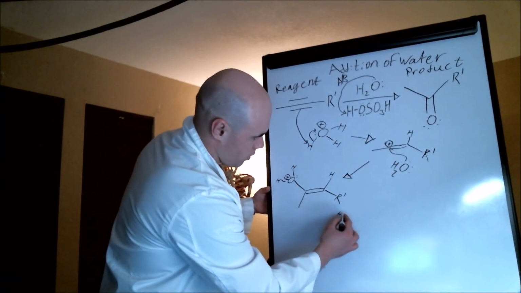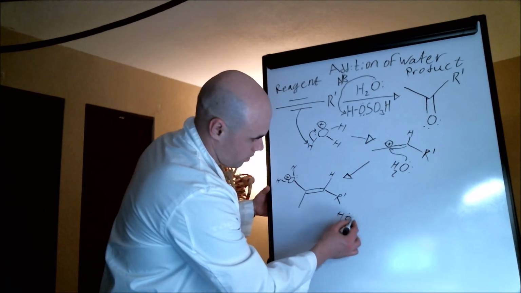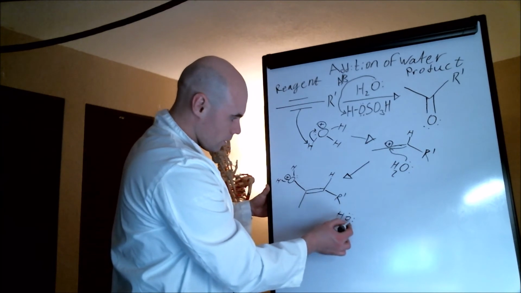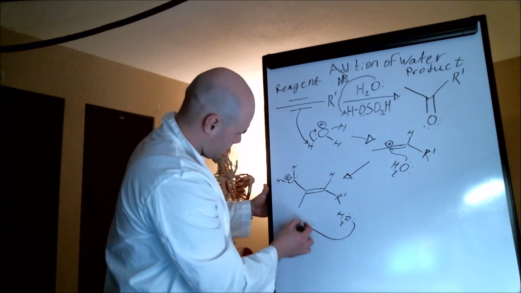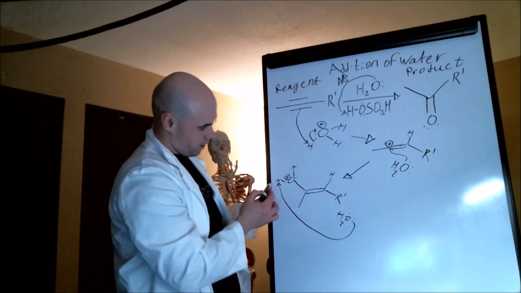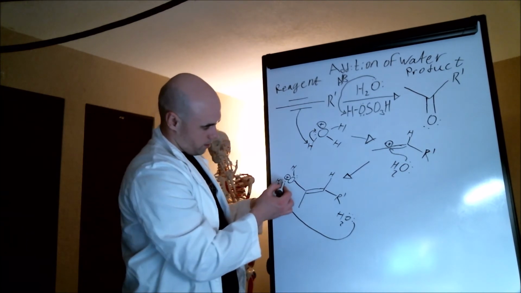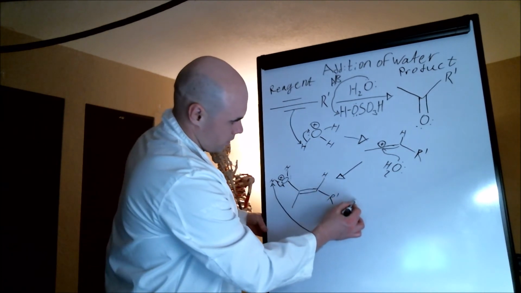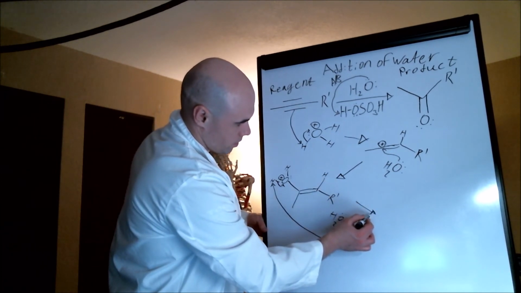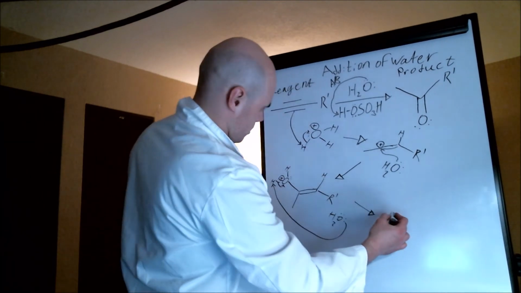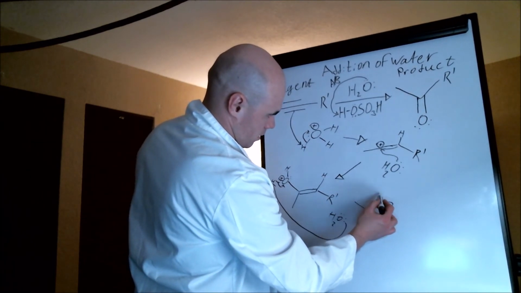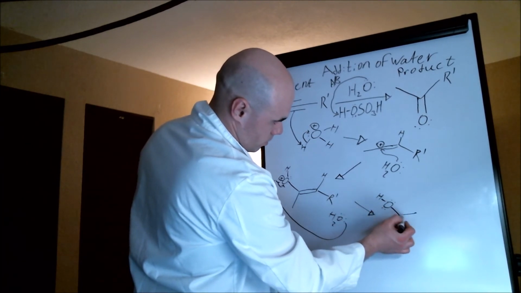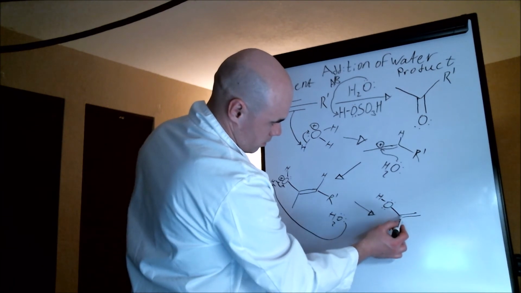So one of those water molecules that are just hanging around there is going to attack this acidic hydrogen now, and the electrons are going to go right back to this oxygen, giving us another hydronium and an alcohol bonded now to the double bond methyl here.